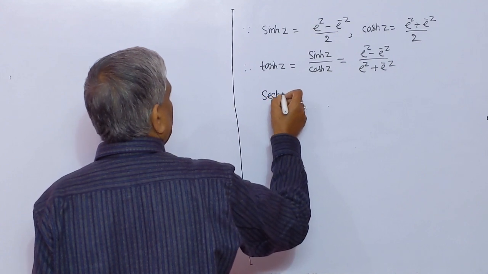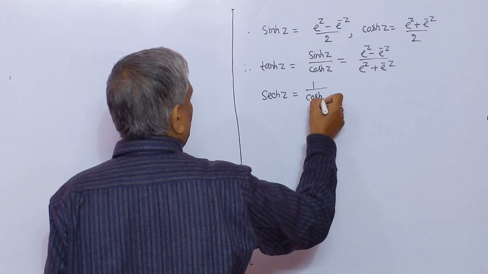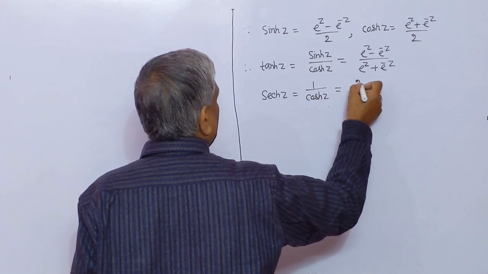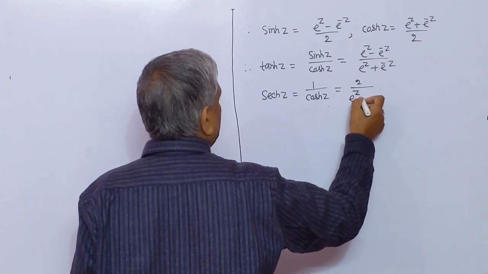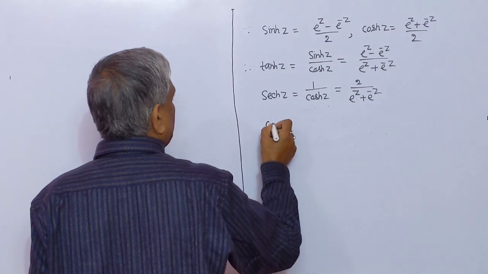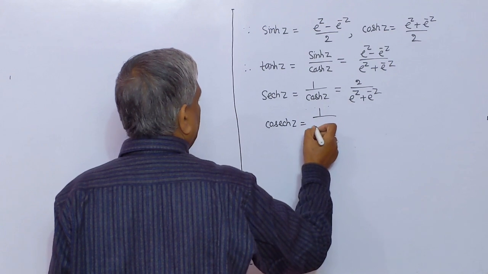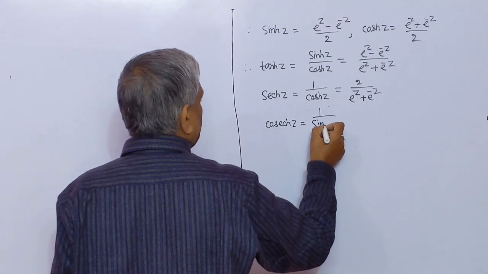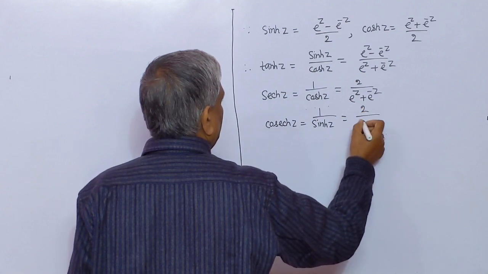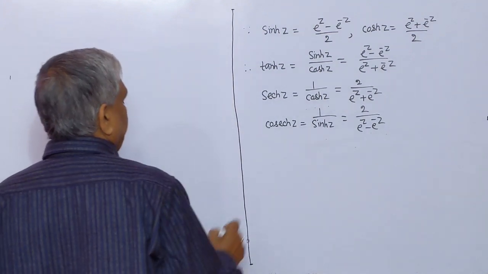Hyperbolic sec z will be 1 by hyperbolic cos z, and this will be 2 by e to the power z plus e to the power minus z. Hyperbolic cosec z equals 1 by hyperbolic sin z. This is 2 by e to the power z minus e to the power minus z.